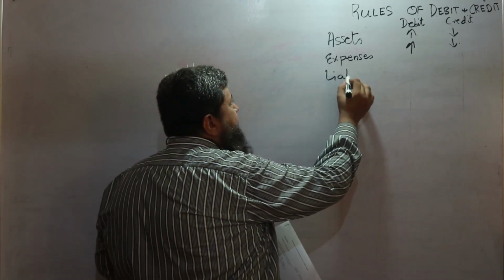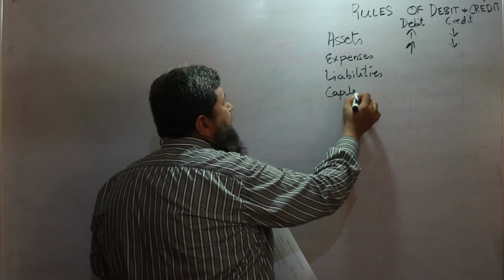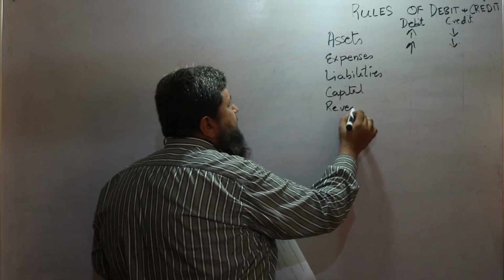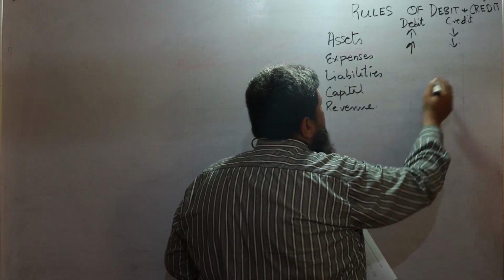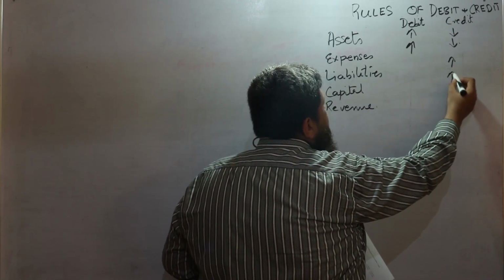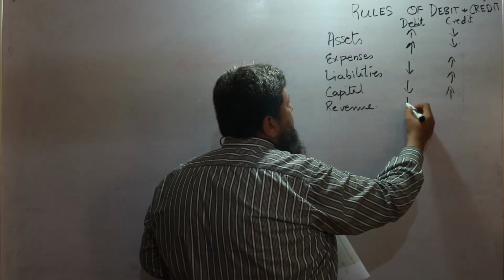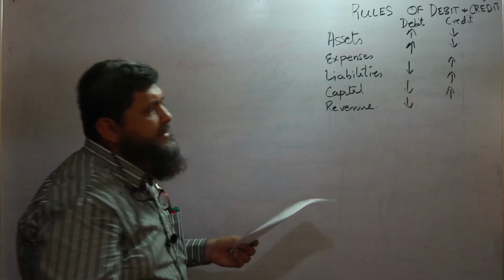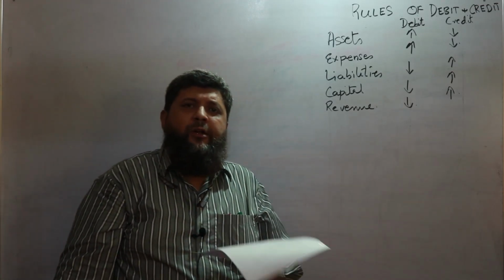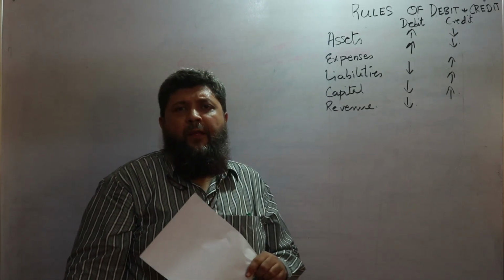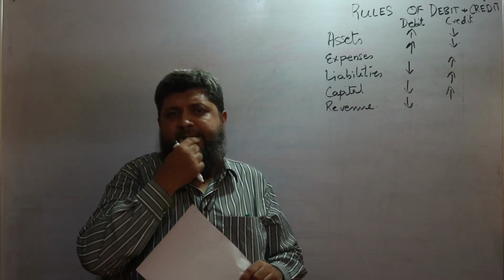For liabilities, capital and revenue, the rule is vice versa. If liabilities or capital or revenue increase, they are recorded as credit, and if they decrease, they are recorded as debit. This is the set of rules of debit and credit. There is no definition, no literal meaning of debit and credit. We have to record these transactions on the basis of these rules in general ledger.